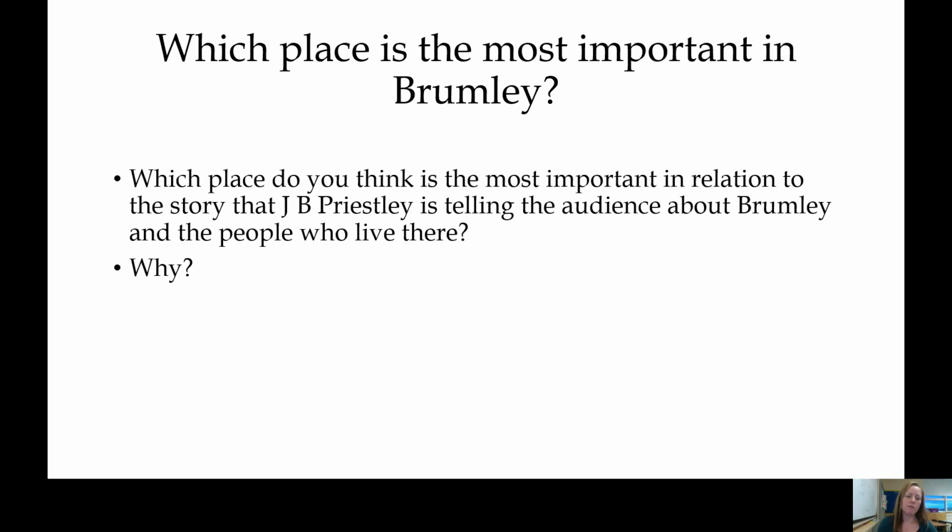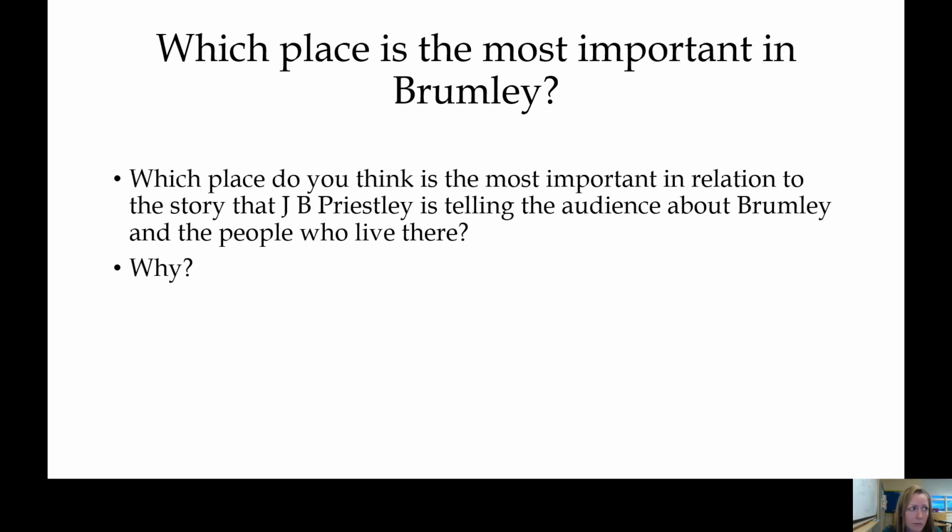Once you've got your information about the contextual settings of the play, I want you to look back at your map. Have a really good look at your map and think about which place is the most important place in Brumley. Think about the story that Priestley is telling about Brumley and about the people who live there, and the message that he's trying to convey to us as an audience.